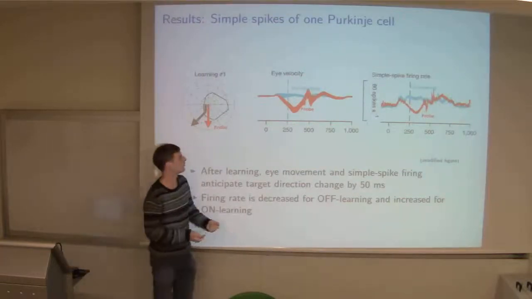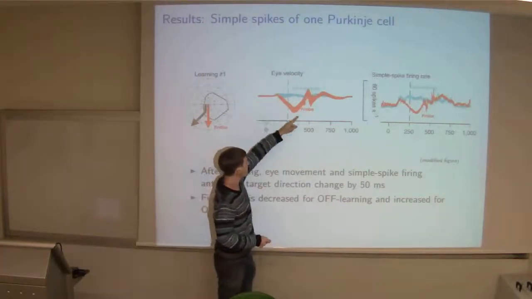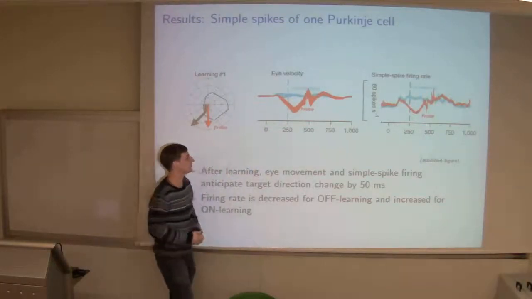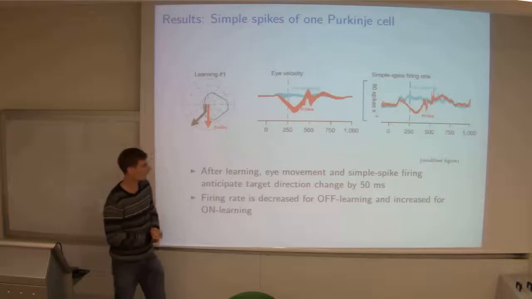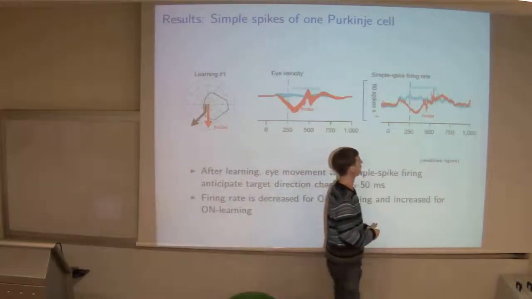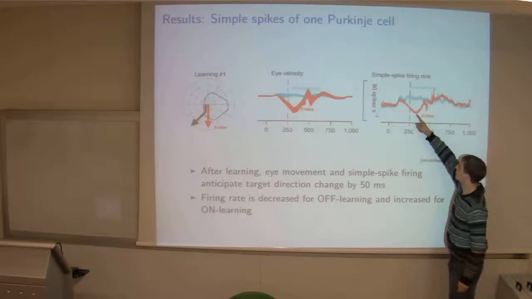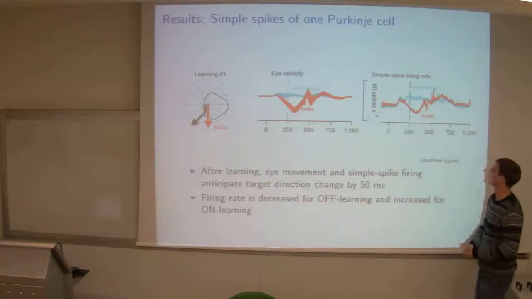So you can see that the eye velocity is changed very much with respect to pre-learning, and also the firing rate of this specific Purkinje cell is changed very much with respect to before learning.